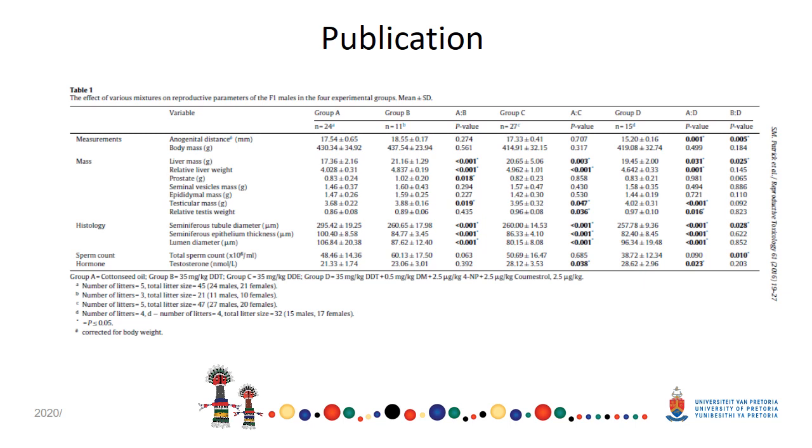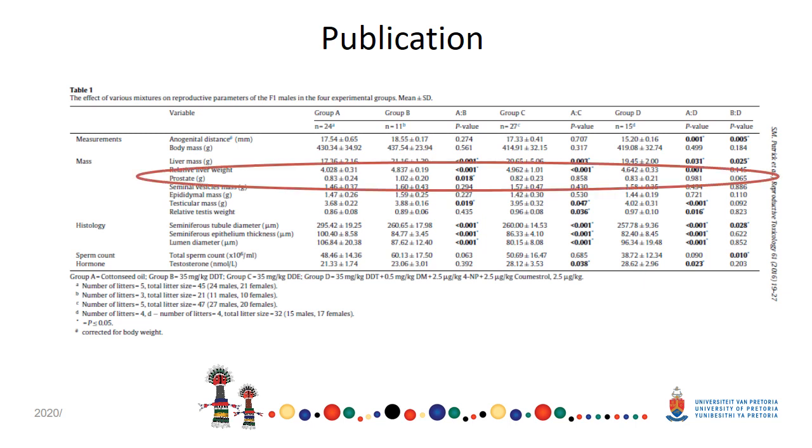Group B is experimental group 1, group C is experimental group 2, and group D is experimental group 3, and our control group is group A. If you look at the prostate weight under mass here, you see that by comparing group B to group A, there is an increase in the prostate weight, and there is a significant difference there that is denoted by the p-value, the same p-value that we saw on the previous slide in the statistical analyses.